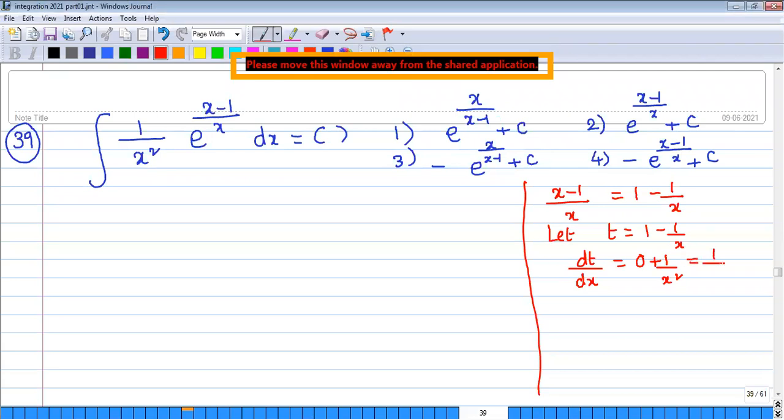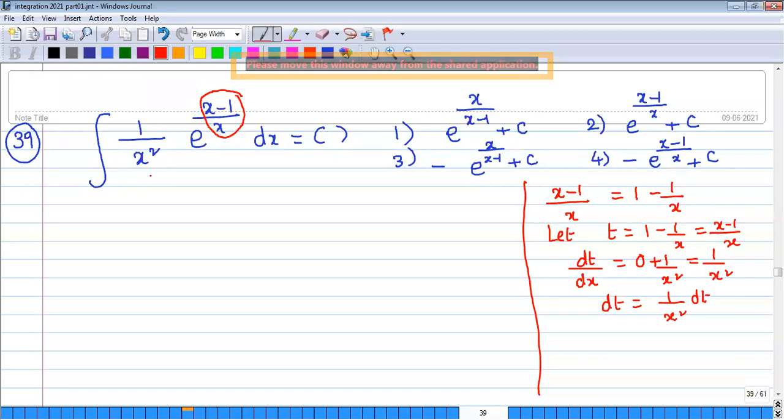So dt equals 1 upon x square dx. So indirectly this x minus 1 by x is t only, so in the place of this we can write t.